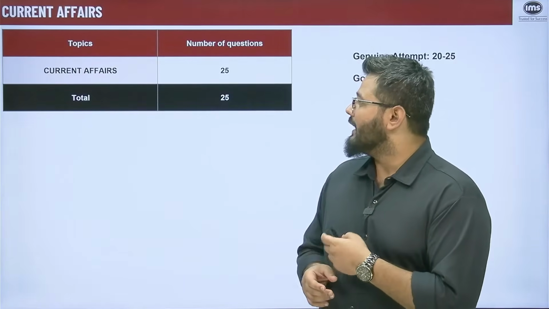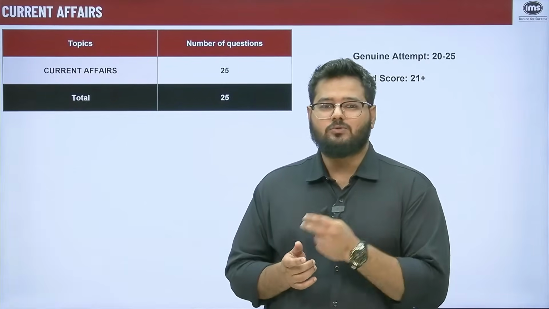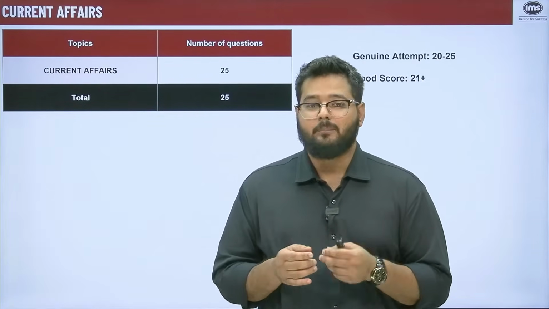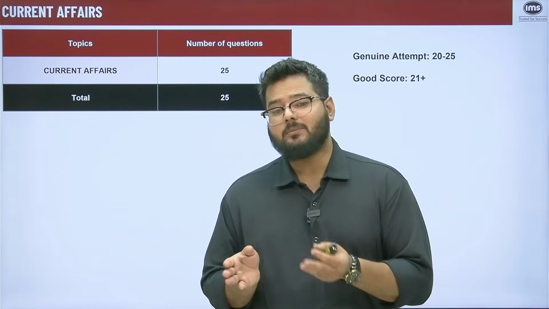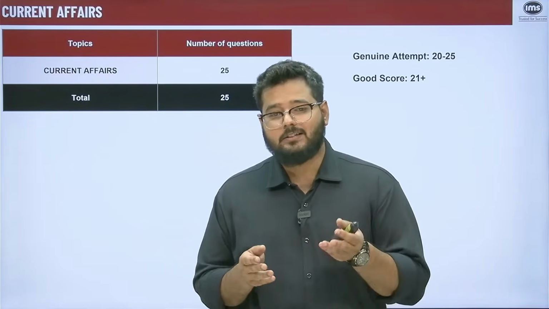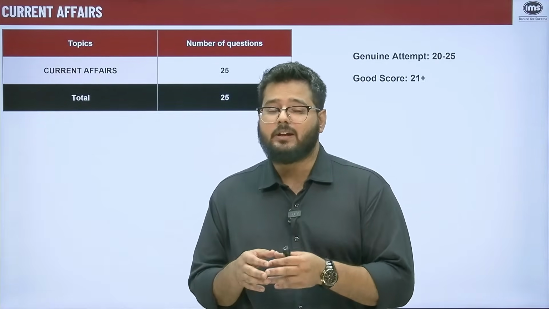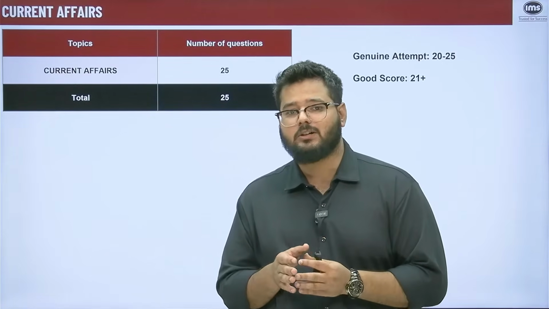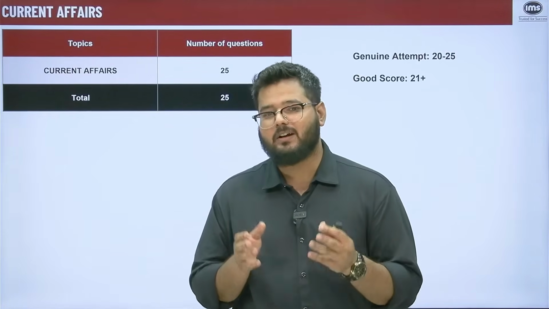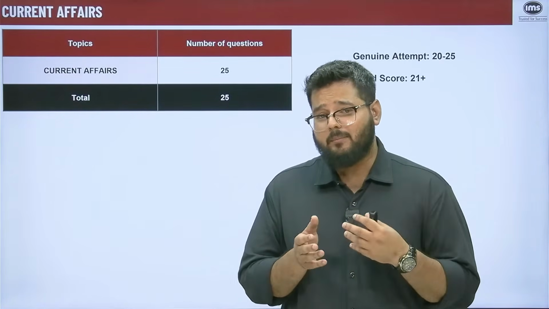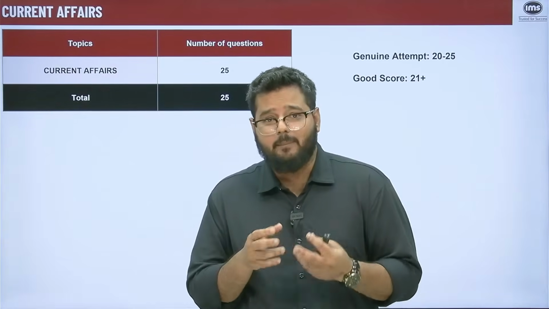Okay. Now talking about current affairs, this was a section where some students told me that it was difficult based on their preparedness. Some students reported that it was very difficult. At the same time, there were students who reported to me that, sir, this section was easy for me, it was not that difficult because my GK is good, and I have a habit of reading current affairs.